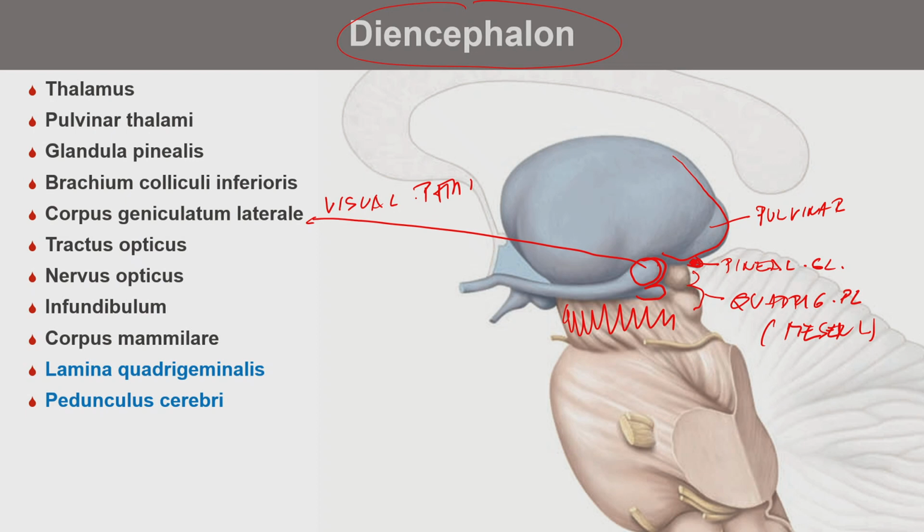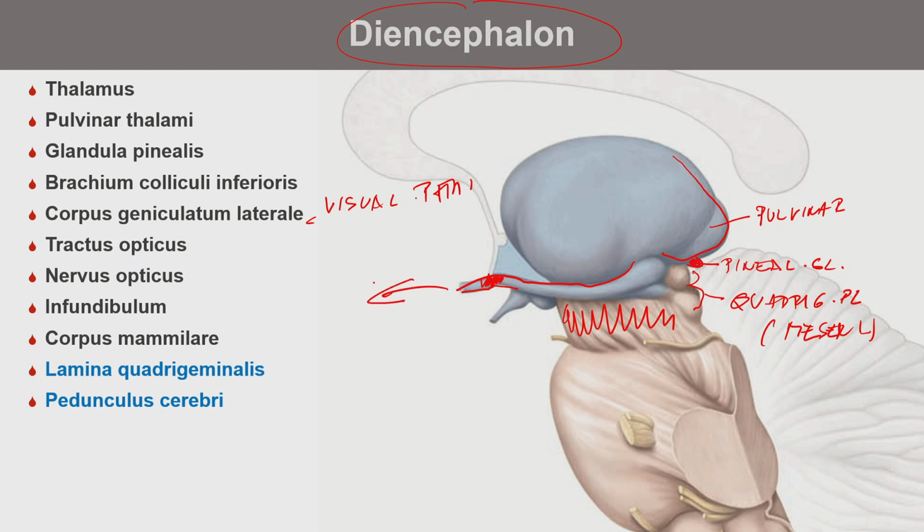The third neuron then is transmitting the information to the primary visual cortex in the occipital lobe. The structure in the front is the tractus opticus, which is seen up to here. There is a chiasma.